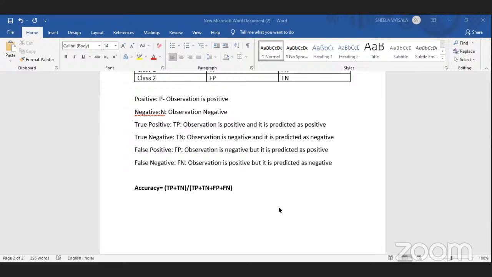In this, we calculate the number of correct positive predictions divided by the total number of positives. It is also called sensitivity.